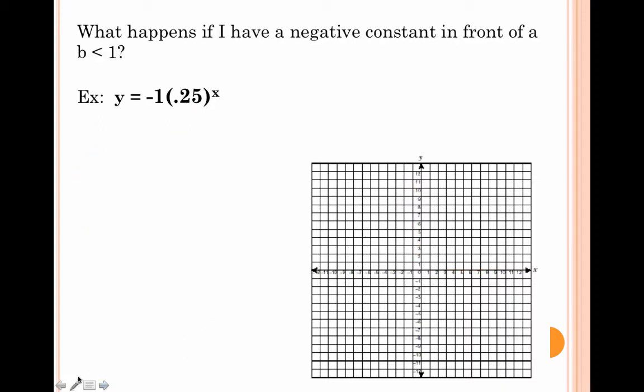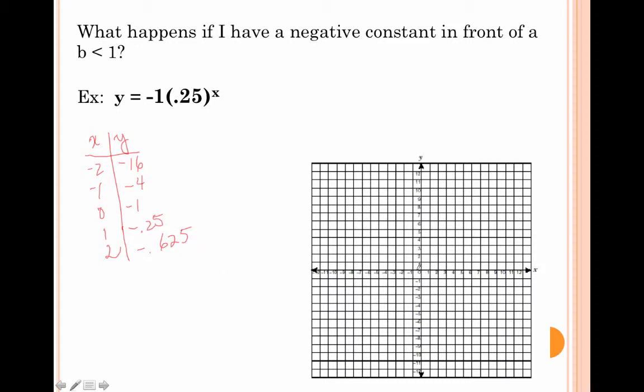And I've got one more scenario, of course. I've got a negative a value and a b, again, that is less than 1. So let's look and see. I've got x, y, negative 2, negative 1, 0, 1, 2. My y values will be negative 8, negative 4, negative 2, negative 1, negative 0.5.